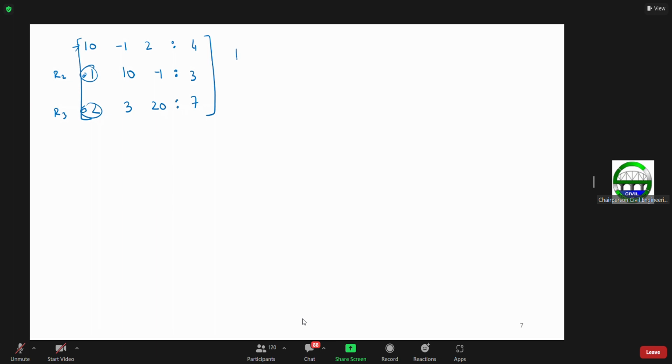I will say R2 is equal to R2 minus 10 R1. Let's see if I apply this operation in here, how this matrix will look. I have to make this element 0, right?